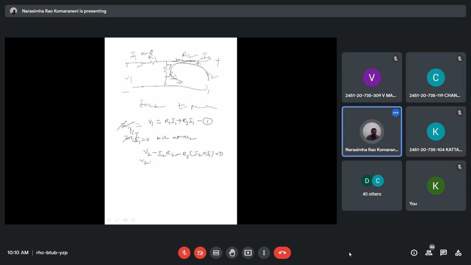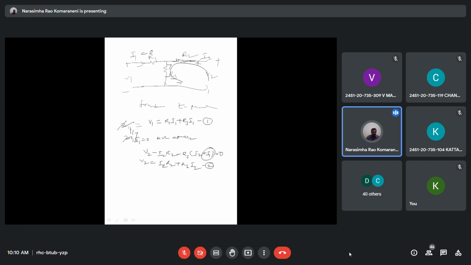So therefore V2 equal to I2 R2 plus R3 I2. And what about this one? I1 is 0, so the term R3 into I1 is 0. This is equation 2.